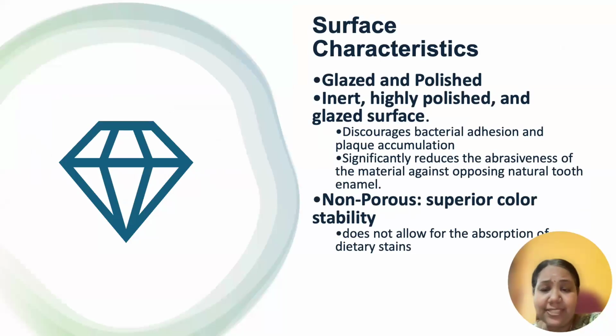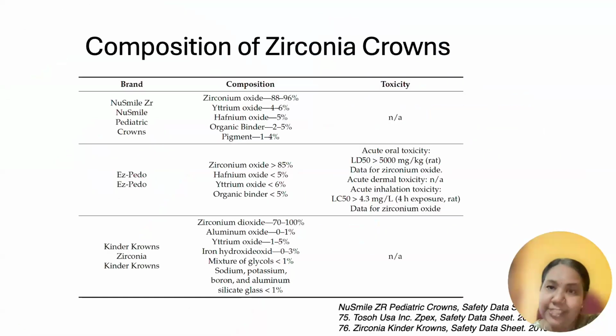The next important surface characteristic is that it is non-porous, which makes its color stability very superior. It does not allow for any absorption of dietary stains because it is non-porous. So these are a couple of facts we have to remember about the surface characteristics of zirconia crowns.